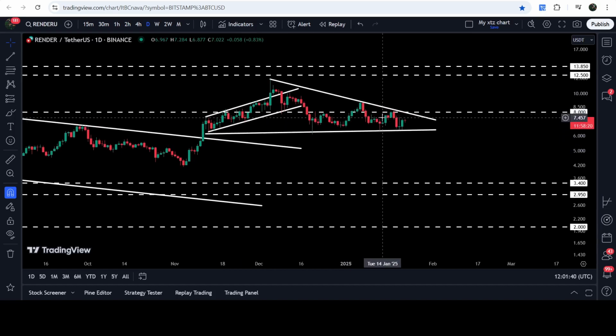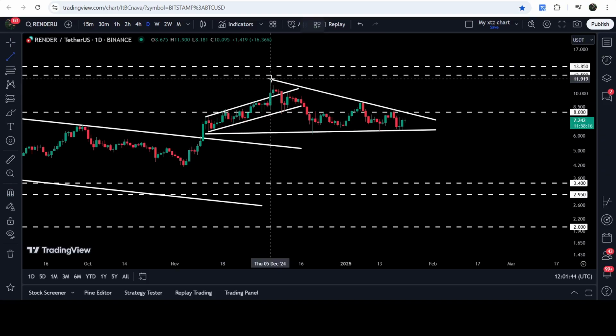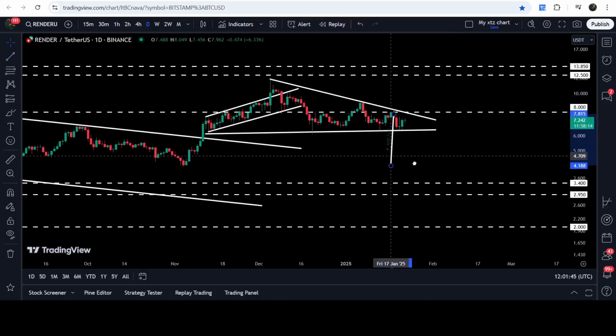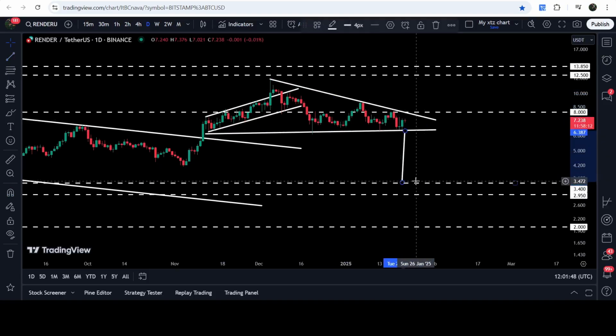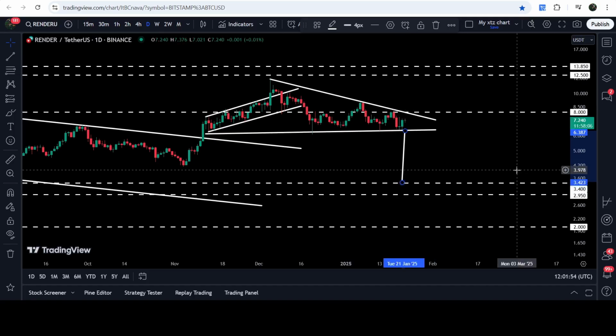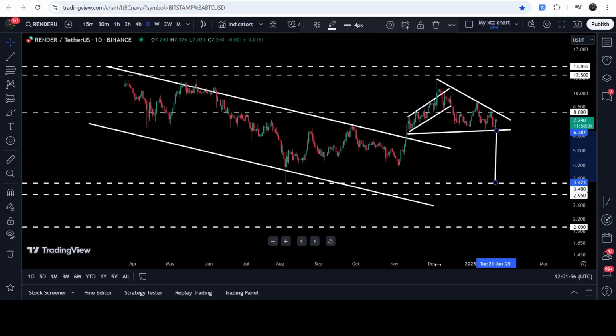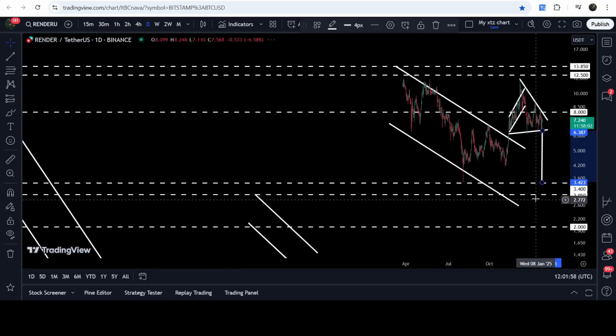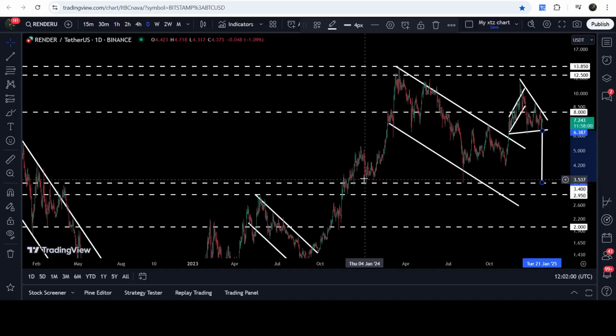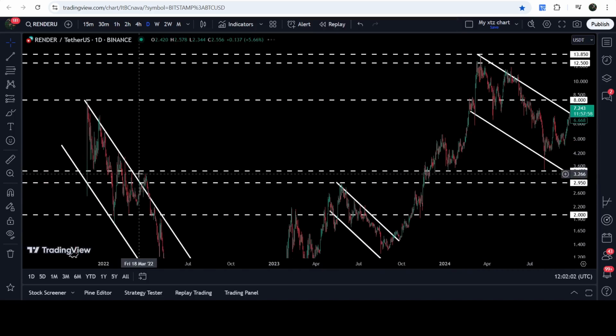Now, the movement is quite squeezed inside this triangle. Therefore, at any time, we can expect that it can break this pattern. For example, if the price then breaks down the support, then the target will be here, at this long-term support zone that is from $3.40 to $2.95. And if we zoom it out, then you can see that previously it had been working as a support zone here, resistance here, and support here as well.